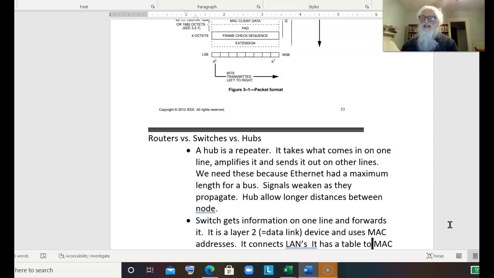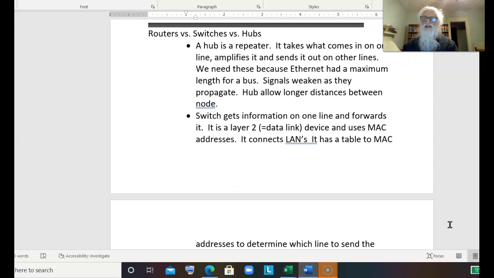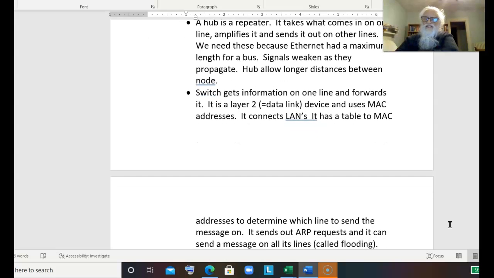It connects LANs. It has a table of MAC addresses to determine which line to send the message on. It can send out ARP requests to find out who's there, who has a particular address.